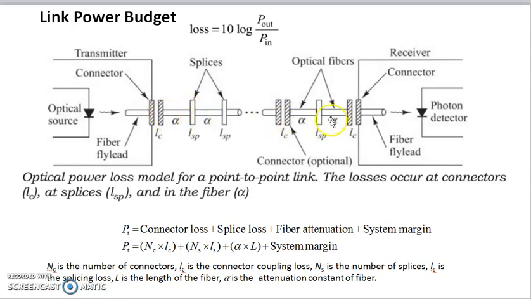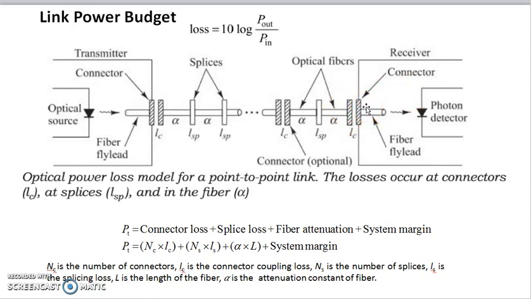Then the total link consists of various splices. If the length of the fiber is too long, then we consider splices there, and then at the end we consider a detector there, and for the detector again we consider a connector there.